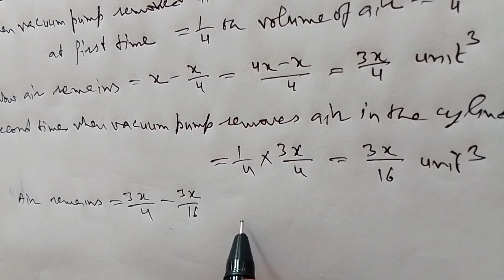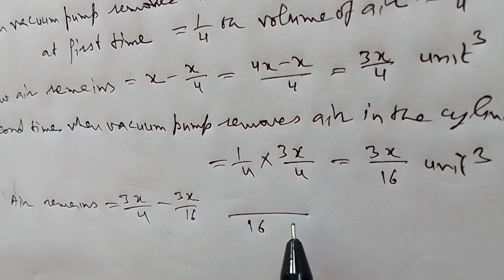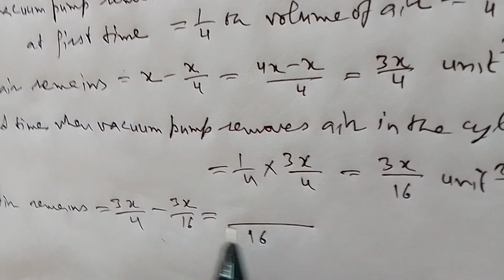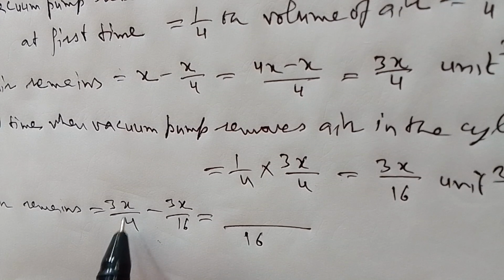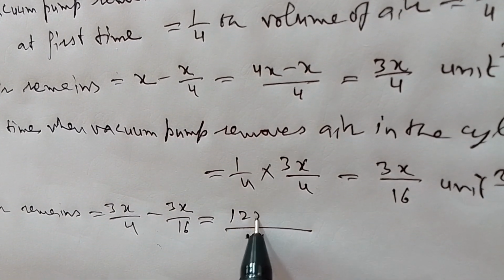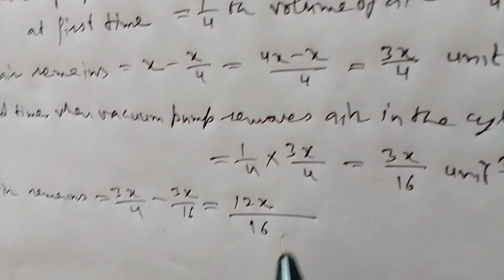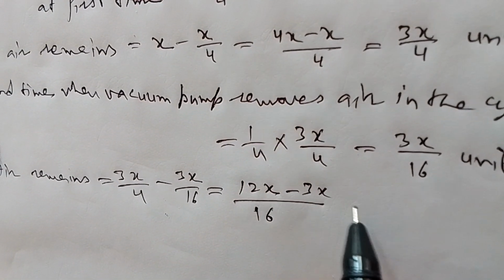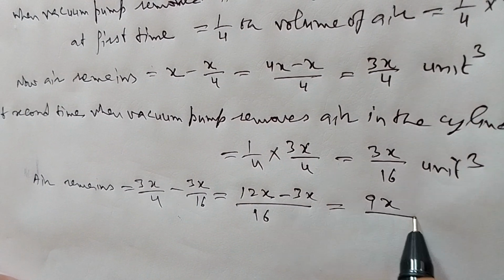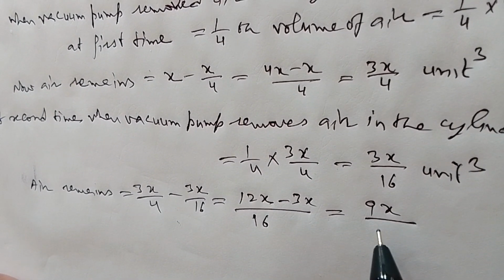Here the LCM, least common multiple, is 16. So 3 multiplied by 4, 12x, minus 3x, comes out to be 9x by 16.